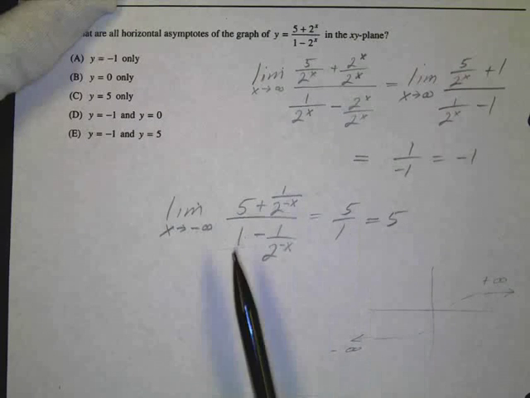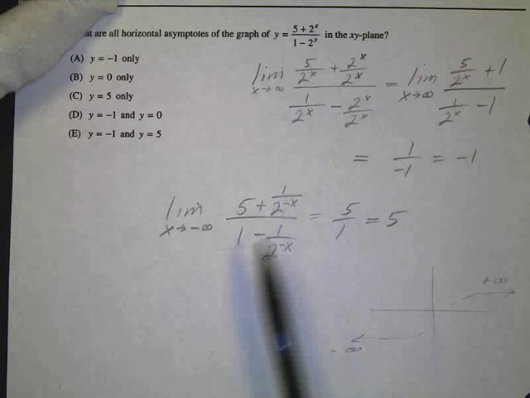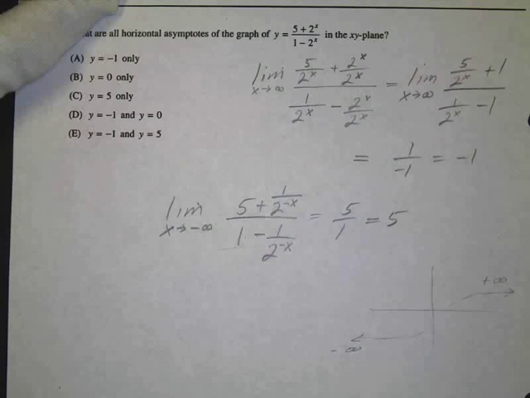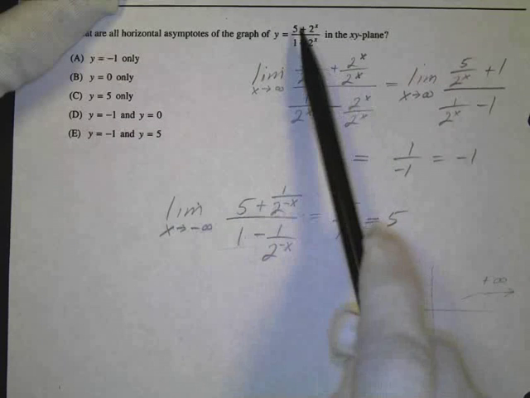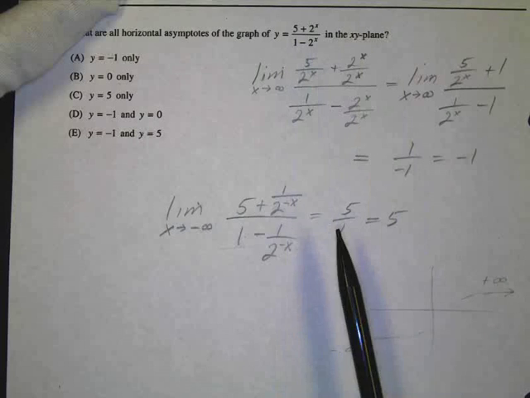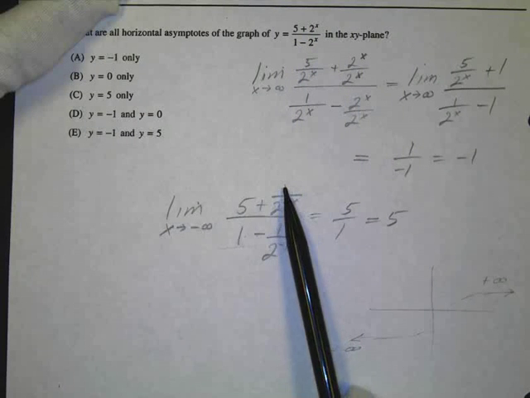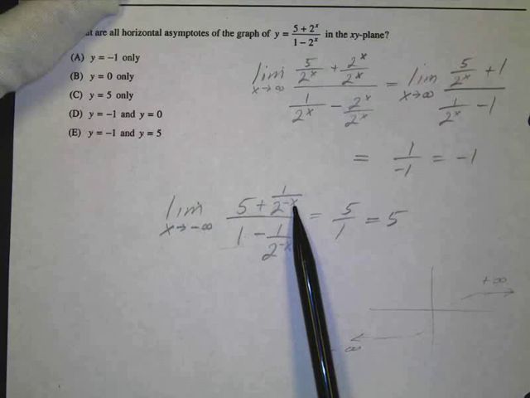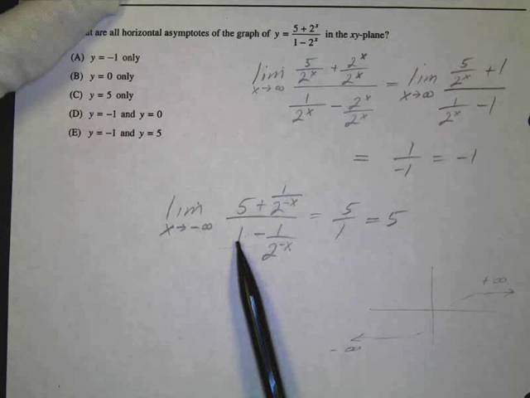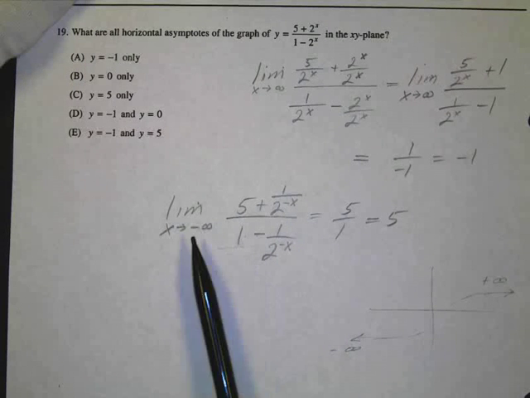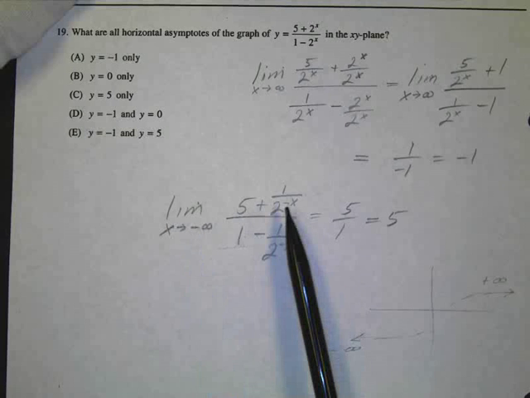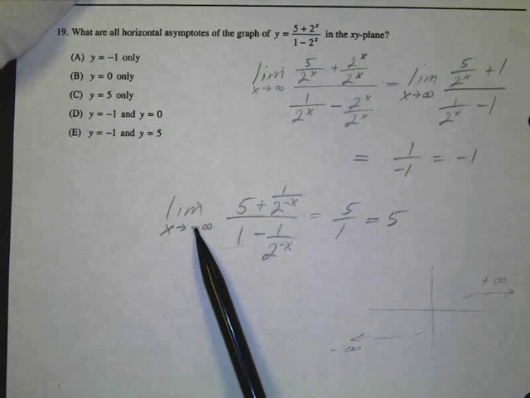So what we can do is take this and put it in the bottom of a fraction. We can make this 1 over 2 to the negative x, and this would be 1 over 2 to the negative x. Now as x approaches negative infinity, what's a negative times a negative?